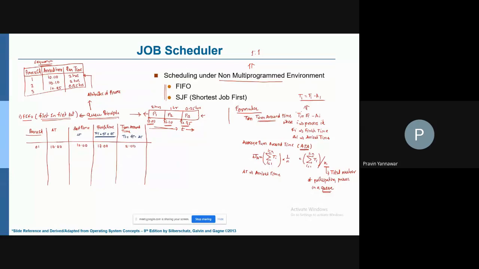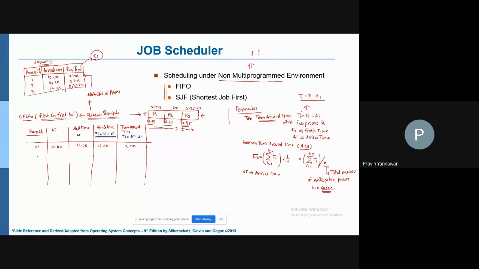Start time is 10.00, runtime is 2 hours, so start time plus runtime is 12.00. So you can easily compute the finish time.